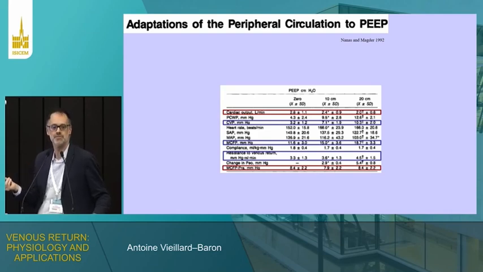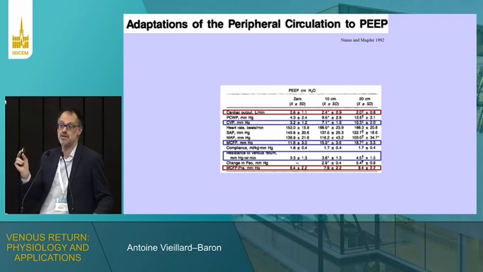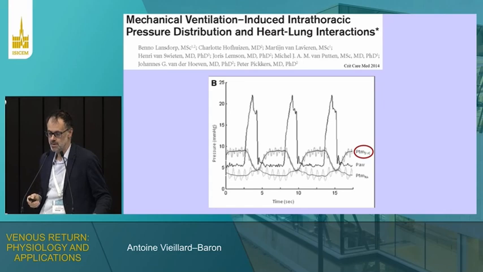So you have this kind of adaptation, but the price to pay is that now the resistance to flow is much higher. And this is something that you can visualize, the resistance to flow. Here, for instance, in a patient after cardiac surgery, you have the airway pressure trace.